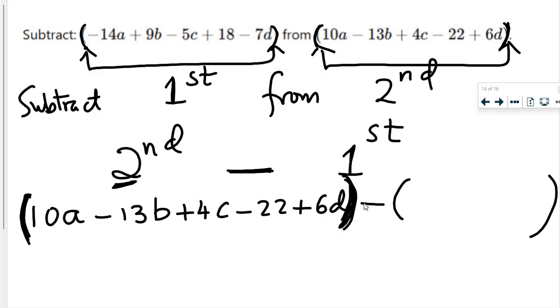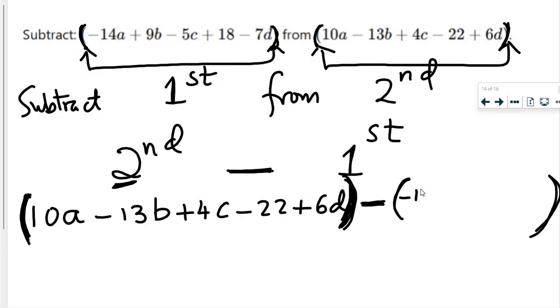But these brackets in the first expression, they should be there, because they have impact due to the subtraction sign present here.